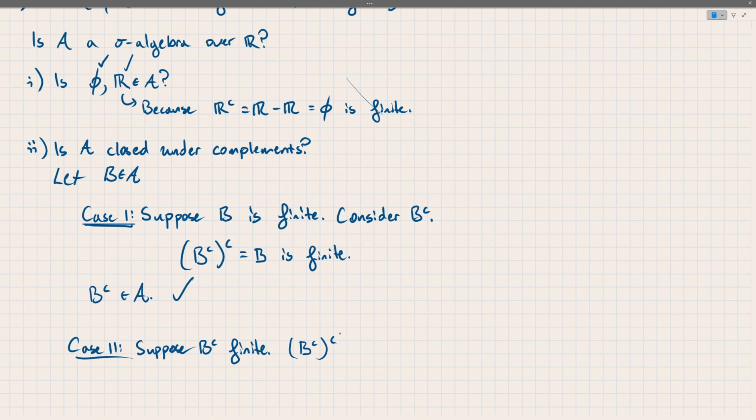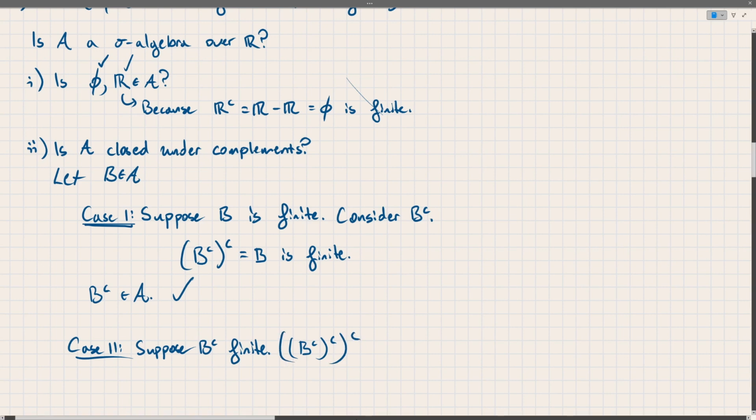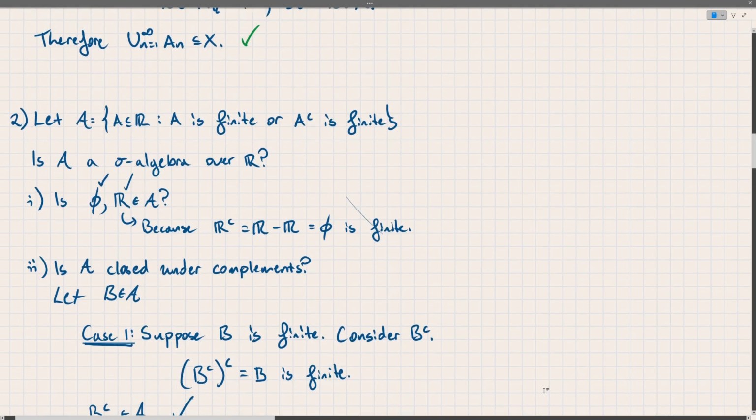But if I take that complement again, just replace B complement with B in the above proof, and it's the exact same proof. So this is finite. Therefore, B complement is an element of A. And we've covered both cases. Okay, so A is closed under complementation.